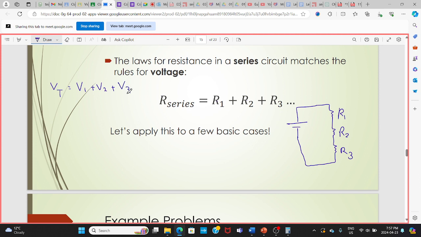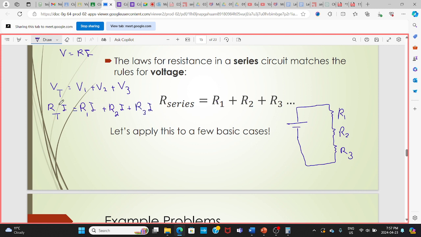We had that in series, right? And V is equal to R times I, right? So here, instead of V total, I can write R total multiplied by I. V1, I can write as R1 multiplied by I, plus R2 multiplied by I, plus R3 multiplied by I.